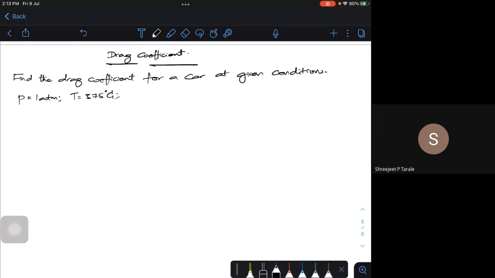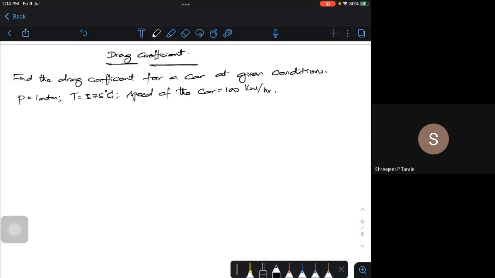Then it is moving at a particular speed, a very high speed actually. So maybe take something like 100 kilometers per hour. So the speed of the car is equal to 100 kilometers per hour.